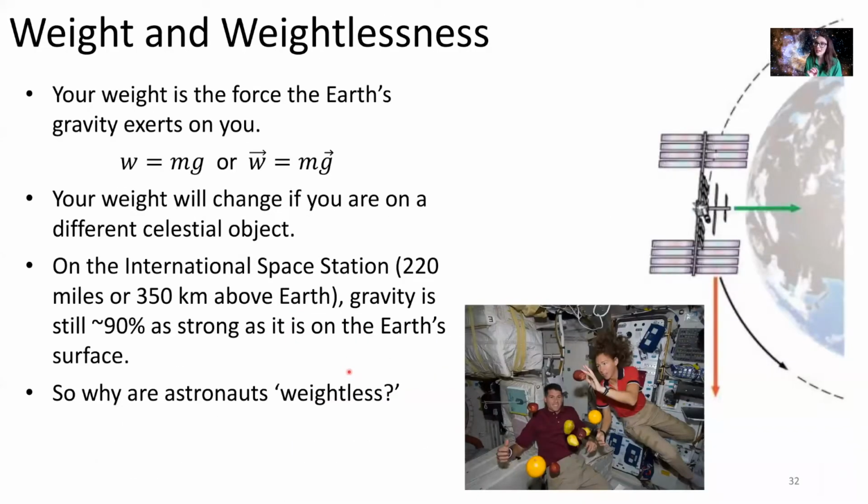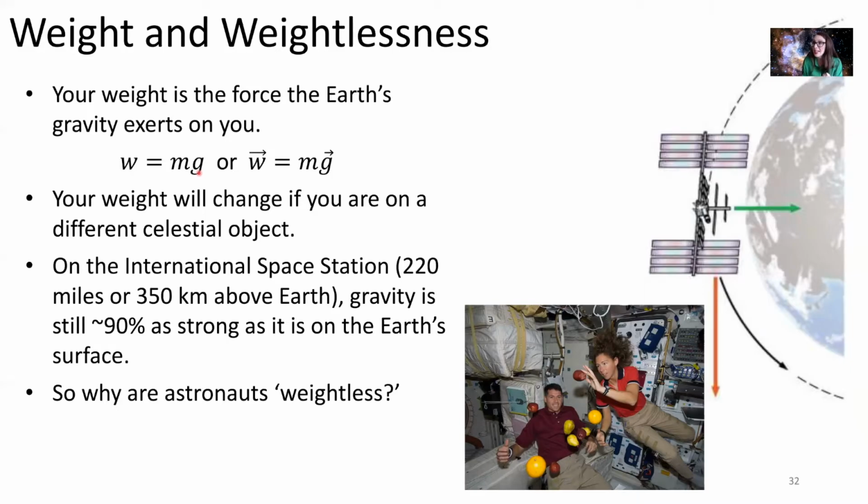So your weight is the force that Earth's gravity is exerting on you. Okay, so your weight is your mass times the acceleration due to gravity, or the surface gravity of that planet. So to calculate your weight in newtons, you would take your mass in kilograms and multiply it by 9.8 meters per second squared.